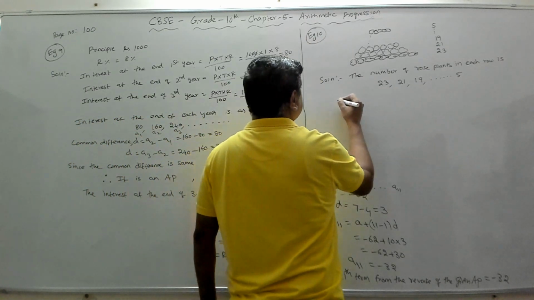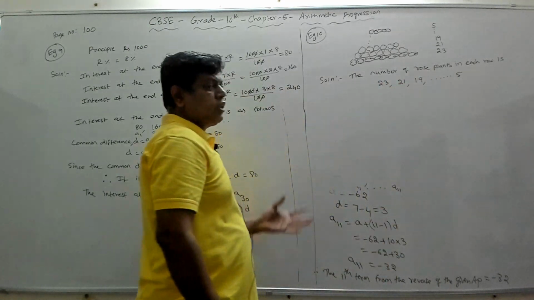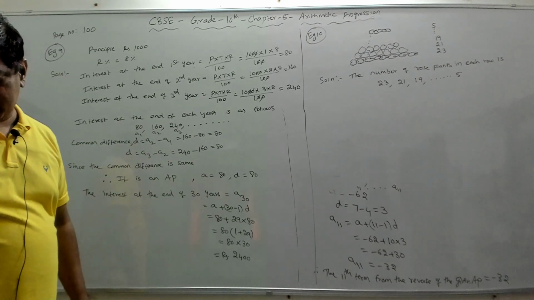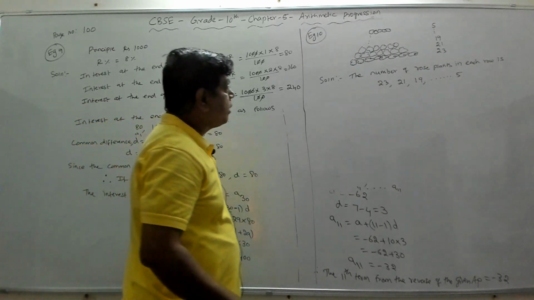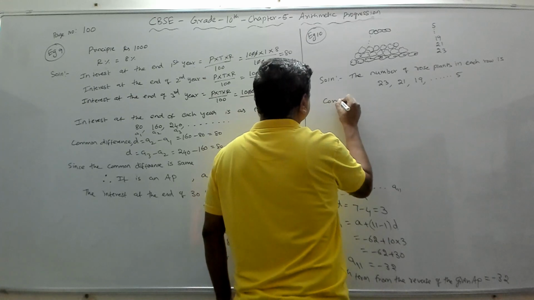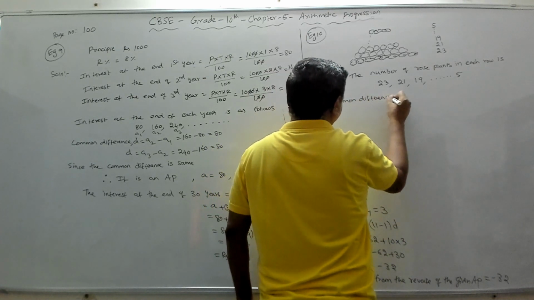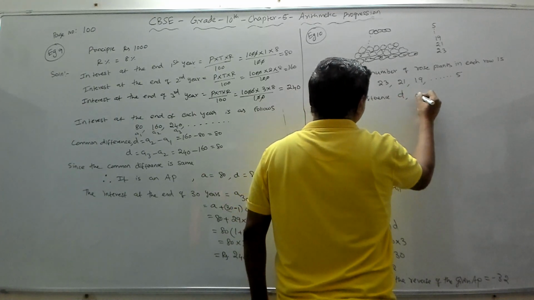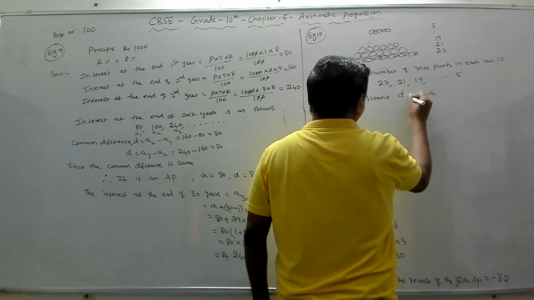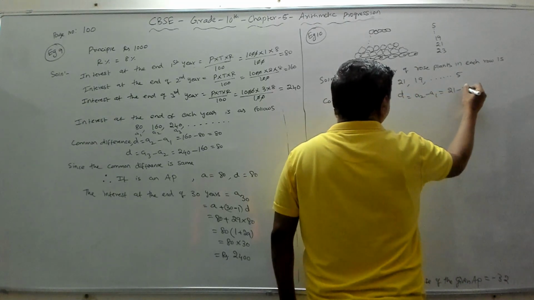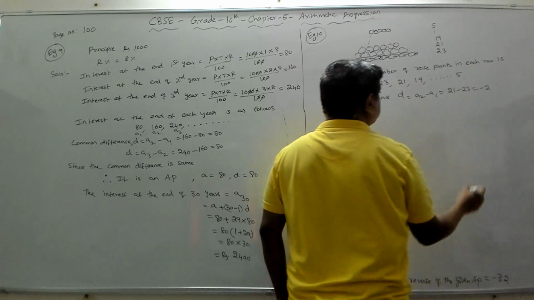So we will say let. Now we'll first check whether it is an AP, right? We'll check whether it forms an AP. So again, the common difference is what? The common difference is d, which is A2 minus A1. A2 is 21 minus 23, which is minus 2.